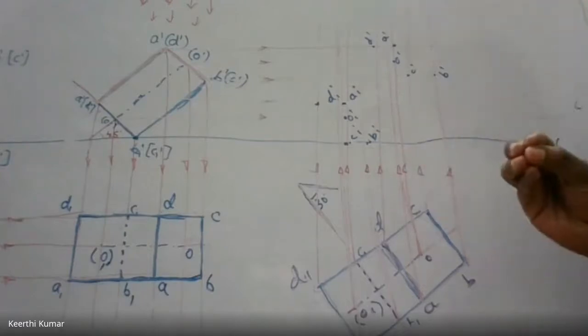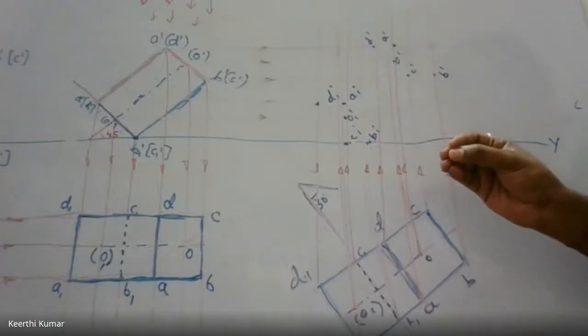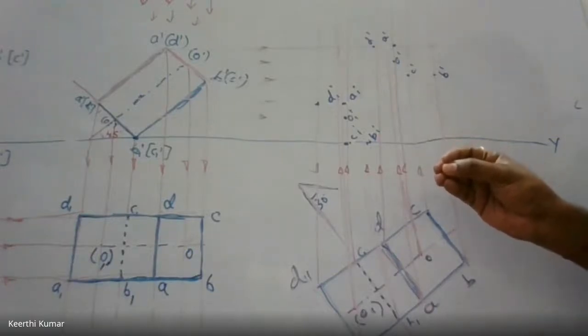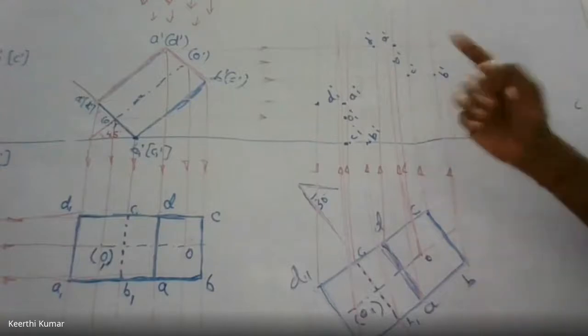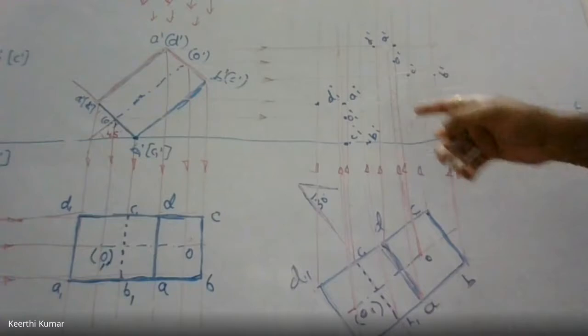Once this is done, I hope you are done. Just take 2 more minutes to complete A, B, C, D, A1, B1, C1, D1 properly. I hope you have completed the naming.